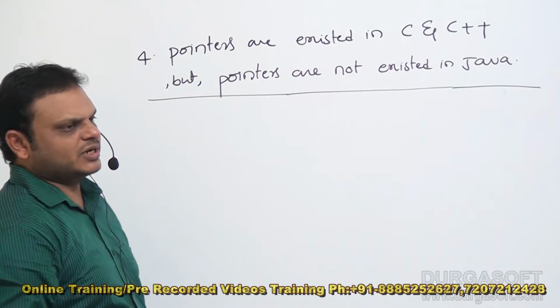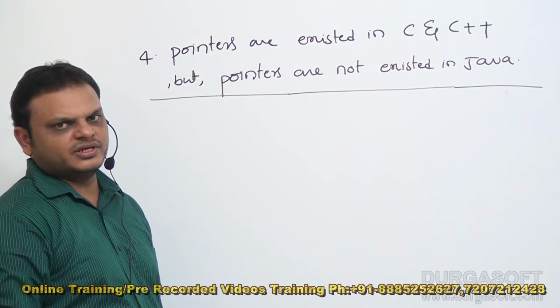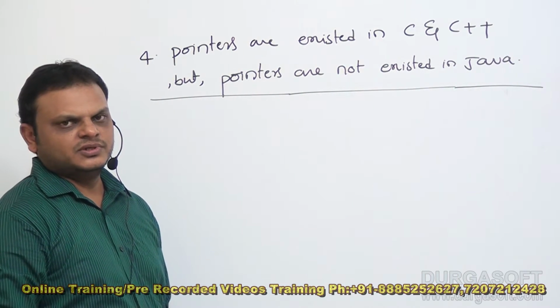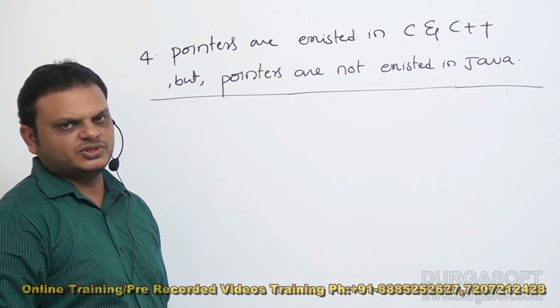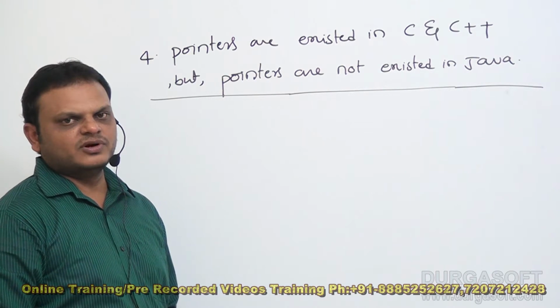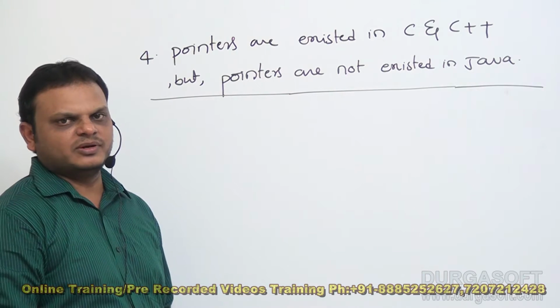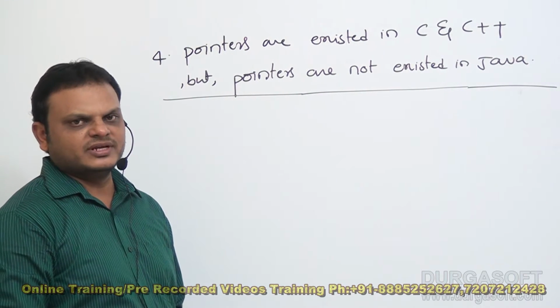Before understanding whether pointers exist in C, C++ and Java, first of all, what is a pointer and what is the purpose of the pointer? What is the nature of the pointer?